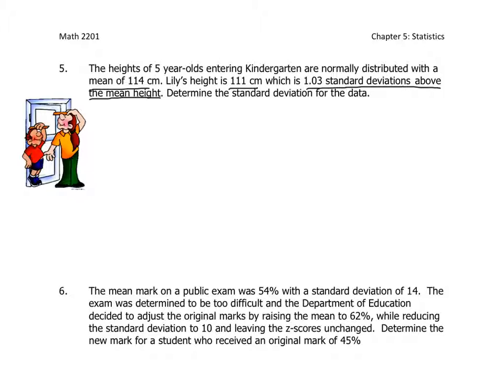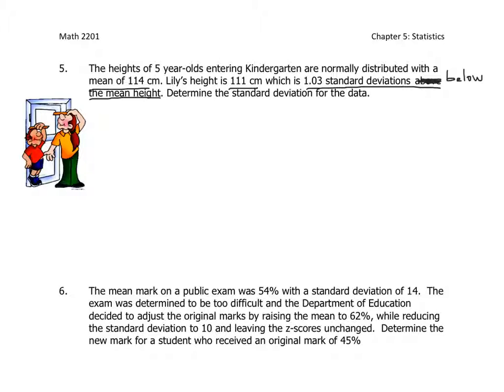So that means the z-score is positive 1.03. And now I think that is a mistake actually, because if she's only 111 and the mean is 114, this should actually be below, not above. There's a mistake in that question.